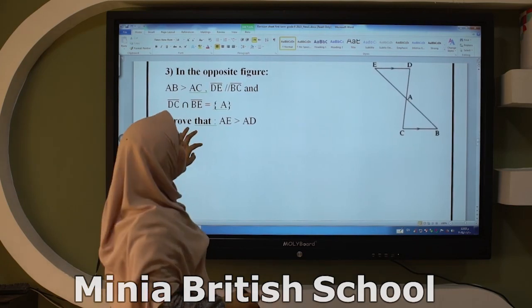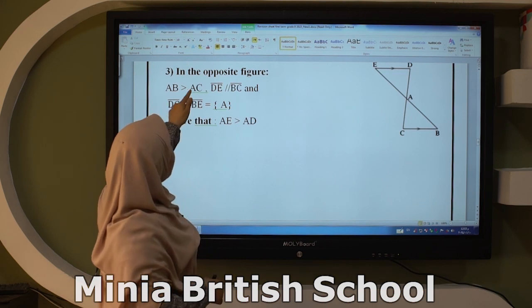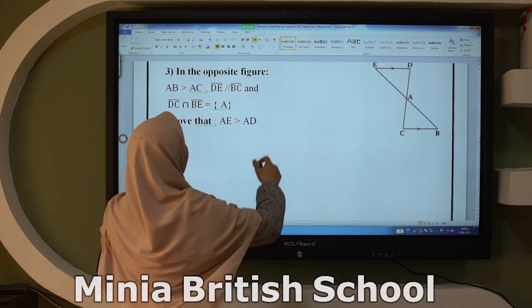The next one: in the opposite figure, AB is greater than AC.